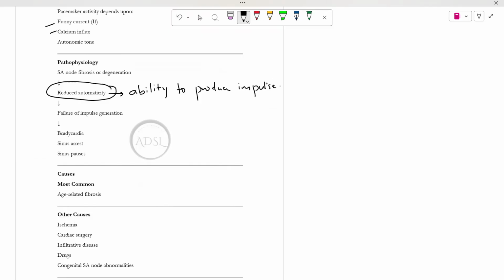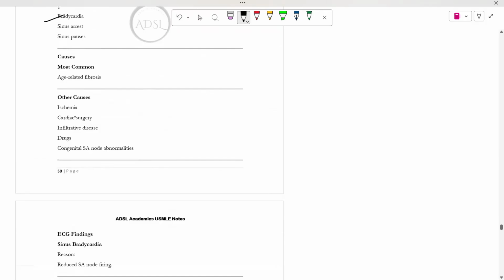Why? Because the SA node is the pacemaker of the heart only because it generates impulses fastest. So there will be failure of impulse generation giving rise to bradycardia. Sometimes arrest might be there. Usually it is age related, but it could be due to ischemia, cardiac surgery, drugs, diseases.